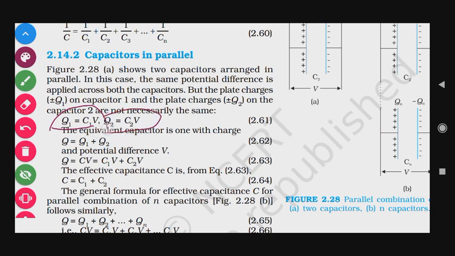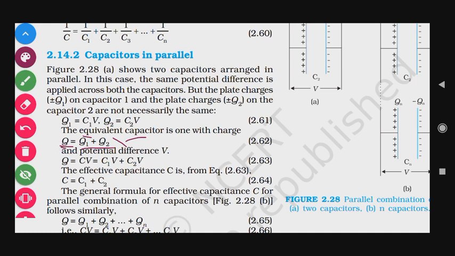For the second capacitor, the charge will be q2 is equal to C2 times V. Now the total charge on both capacitors is q, which will be q1 plus q2 because of the law of conservation of charge. If we have an equivalent capacitor, it will have a charge of q.